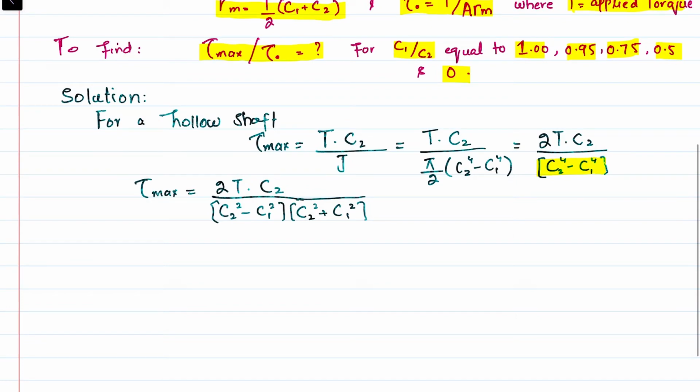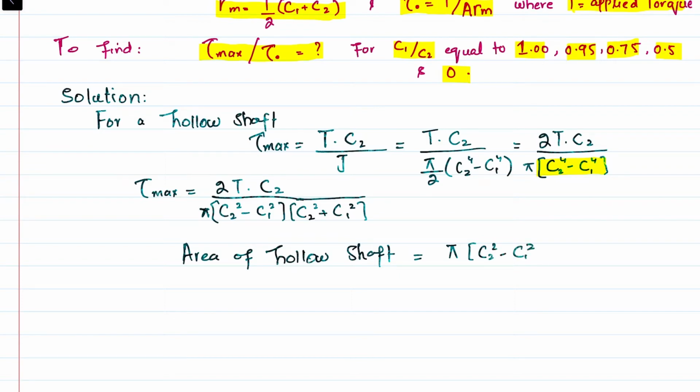Again, you can see that there is a pi as well. Clear? Now we know that the area of a hollow shaft is equal to pi into C2 square minus C1 square.